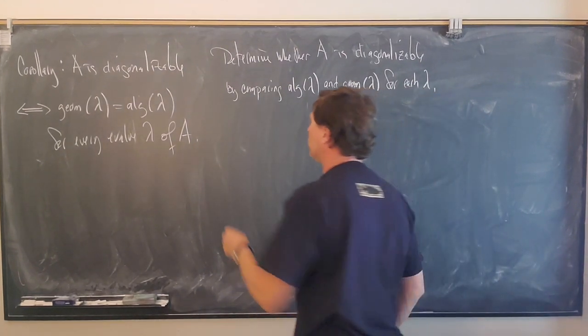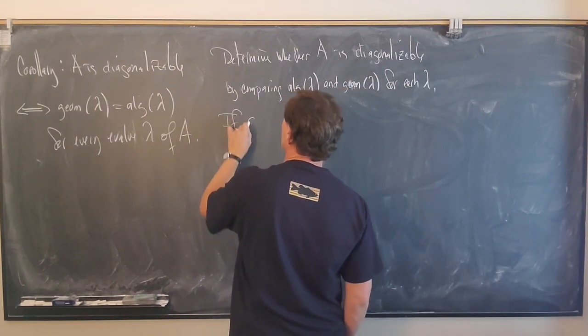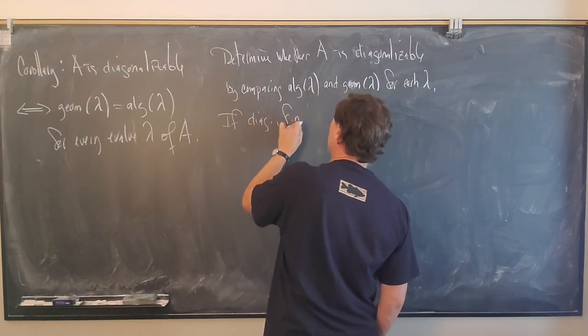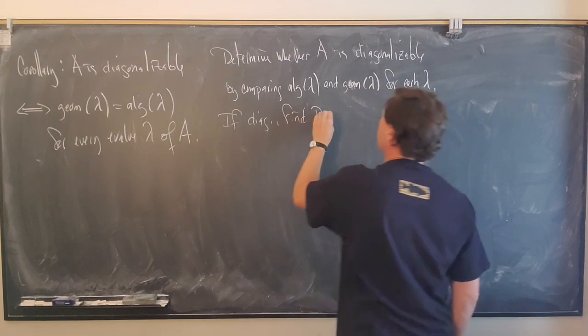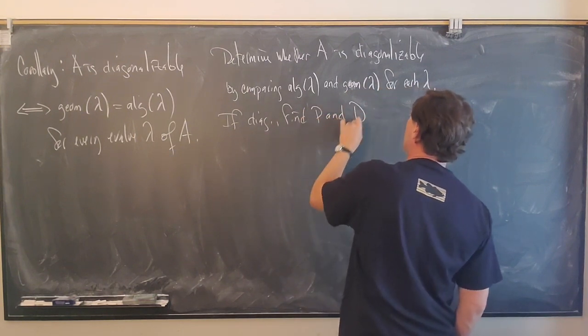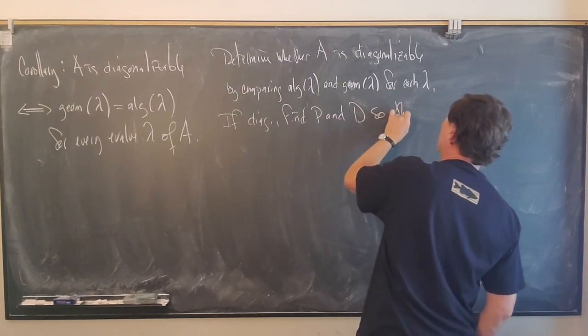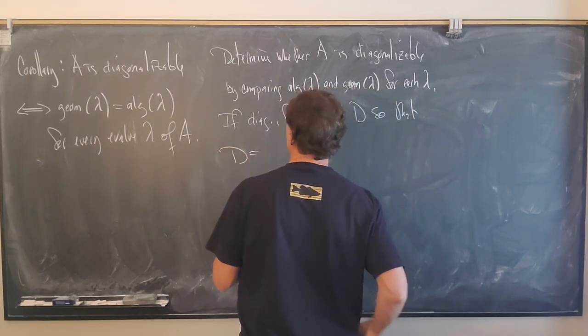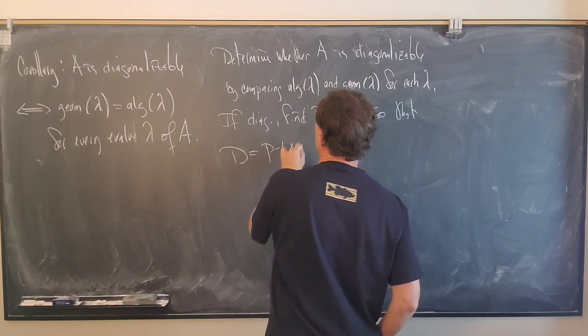If diagonalizable, find P and D so that D is equal to P inverse A times P.